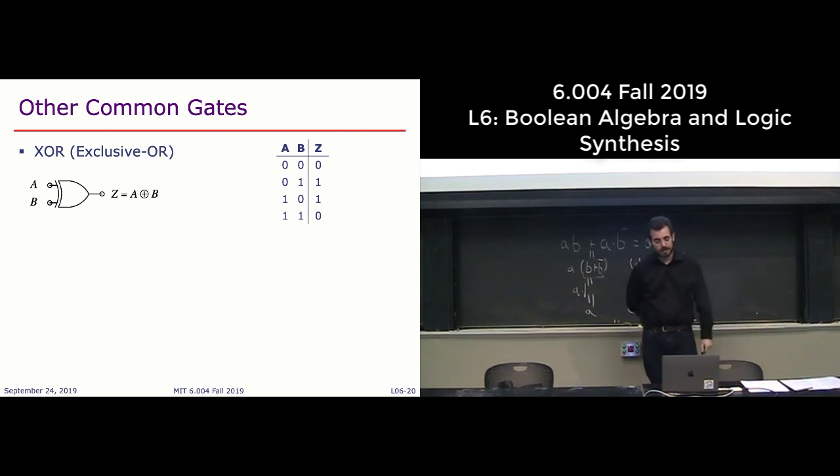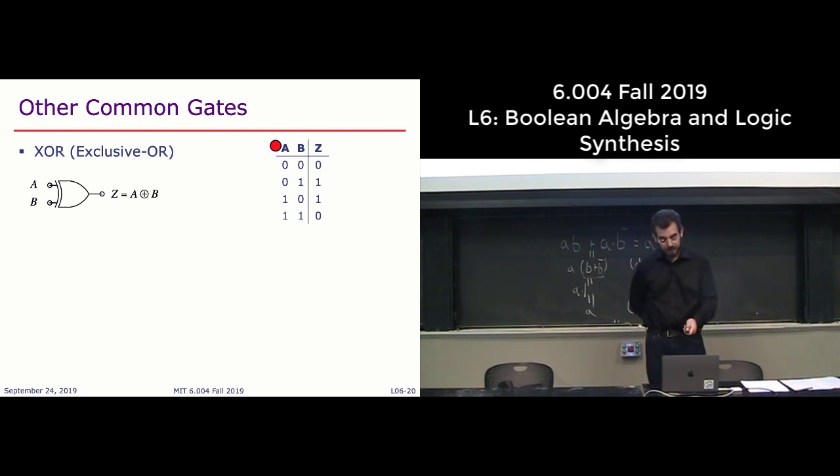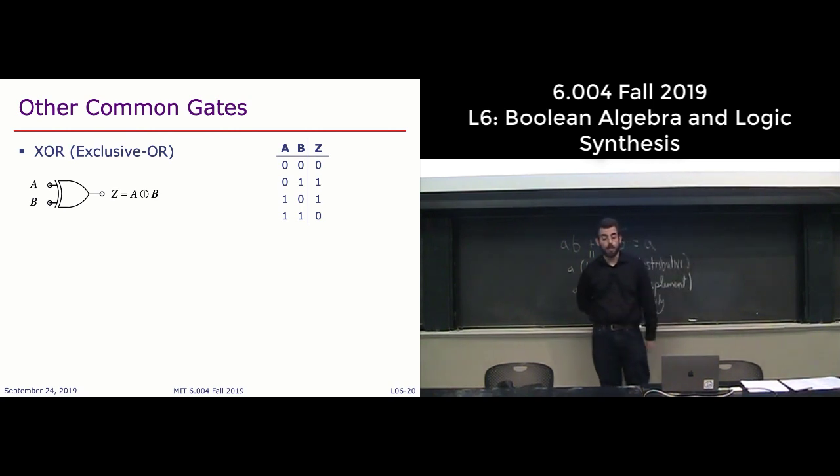That's how you can distinguish them. XOR typically has this operator, this plus with a circle around it, and basically given A and B, the output of an XOR is 1 if either B or A is 1, but 0 if both inputs are 0, or both inputs are 1.